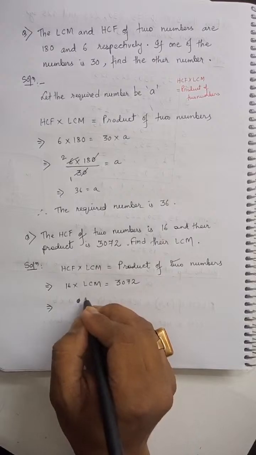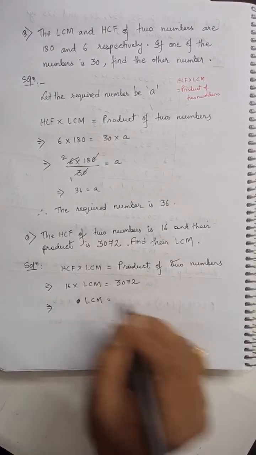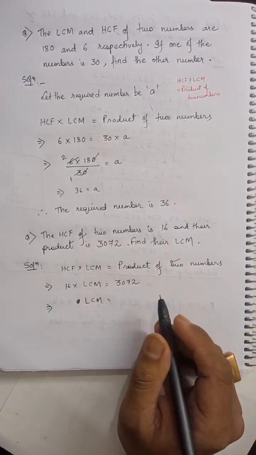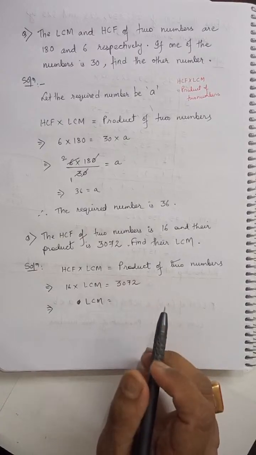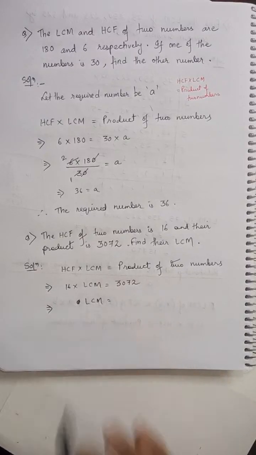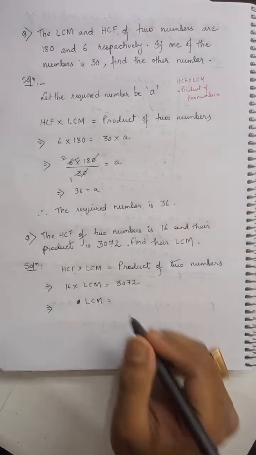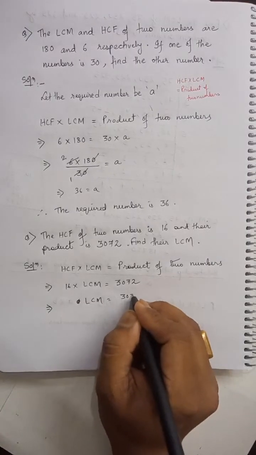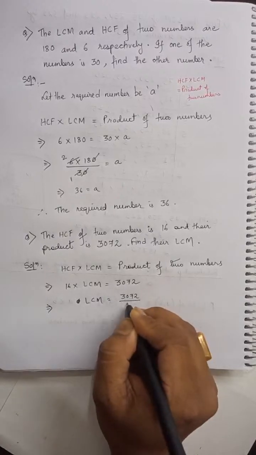So for finding the LCM, we are going to transpose the 16 to the right hand side. As we have multiplied 16 with the LCM, when we transpose it, we will do the opposite of multiplication. We will divide 3072 by 16.